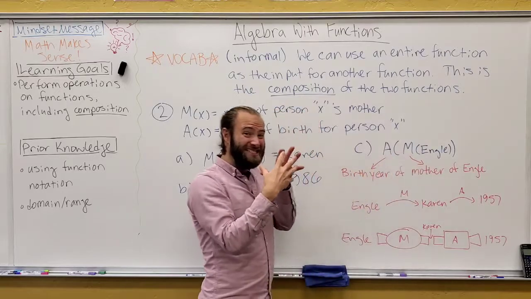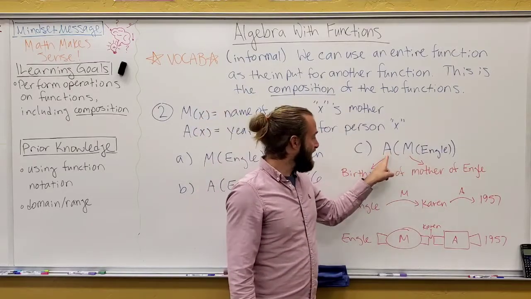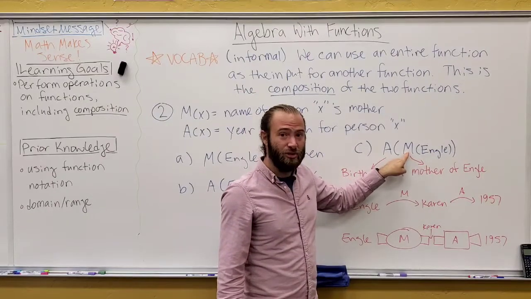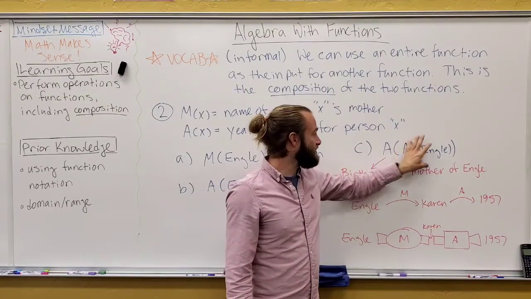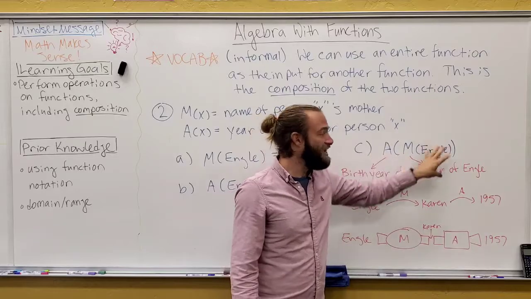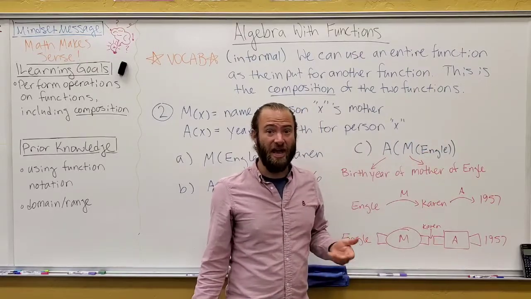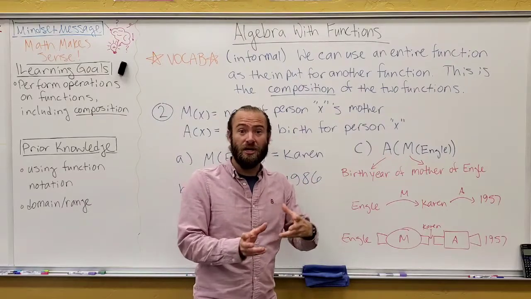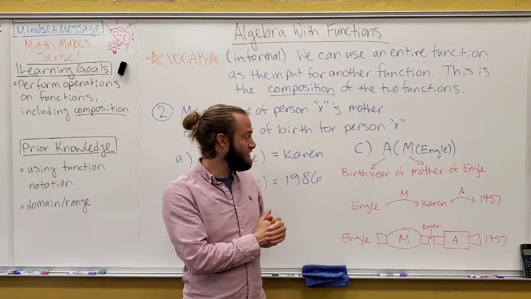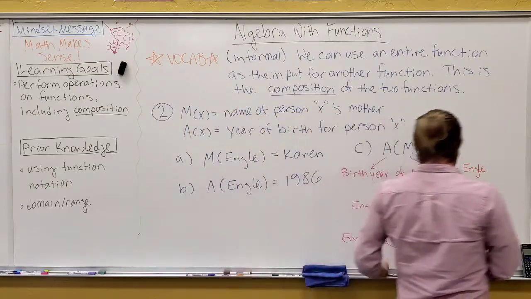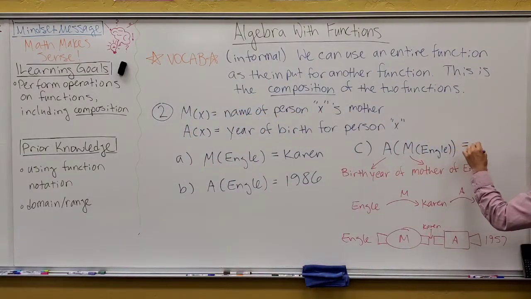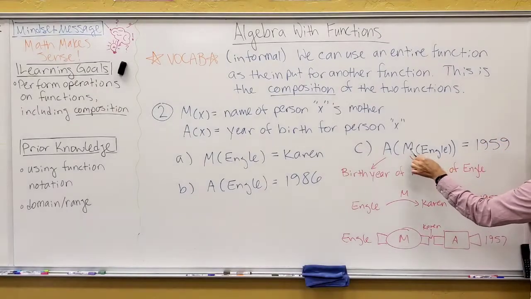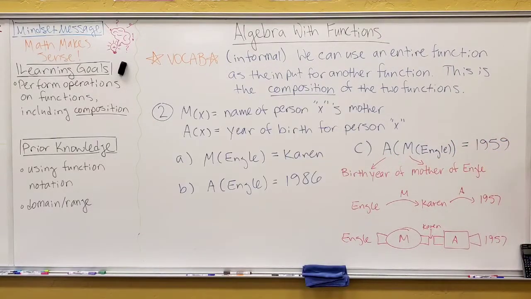You have to think inside out, okay? It's A of M of Ingle. So I have to take Ingle and then apply M to it, right? And then I have to take the A function and apply it to whatever I got from that, right? So essentially, one function's output becomes the input for another function. Does that make sense? So either way, the final answer of A of M of Ingle is 1957, because it's Ingle's mother's year of birth.